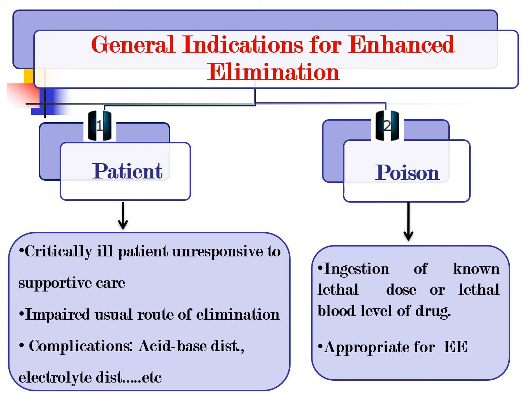But not all poisons can be eliminated by one way. So there are some criteria for each poison to be eliminated by a certain method of enhanced elimination, and these criteria will be mentioned later with each method of enhanced elimination.